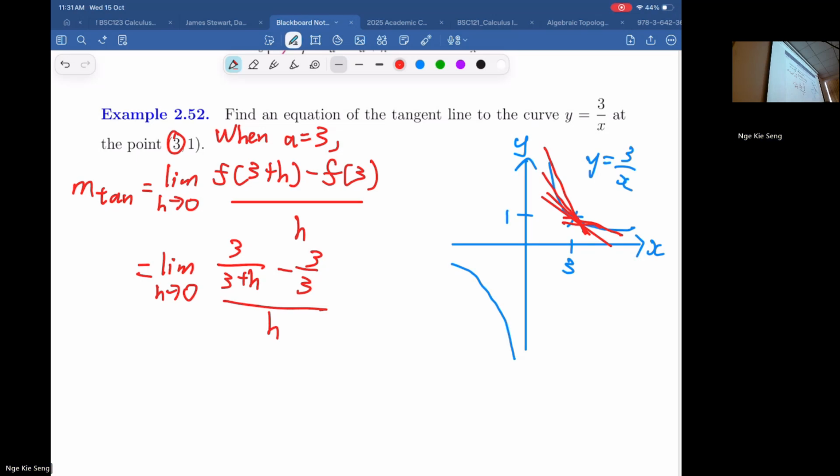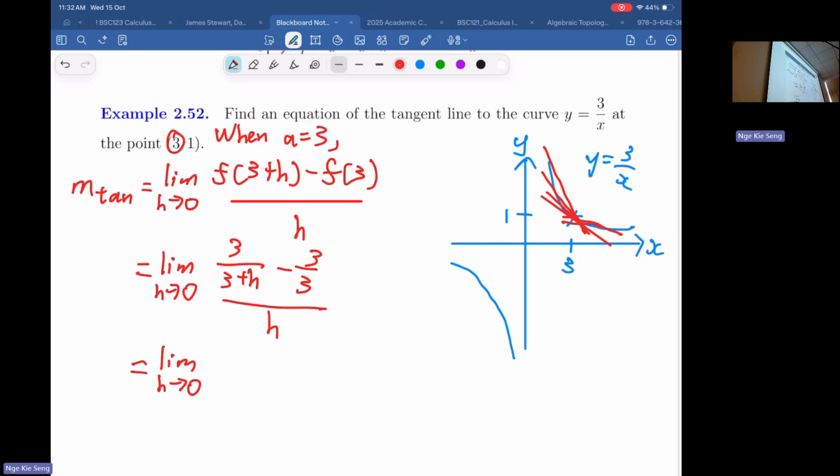So how to simplify this? Anyone got an idea? What should you do first? Well, one way is you combine the fractions first.